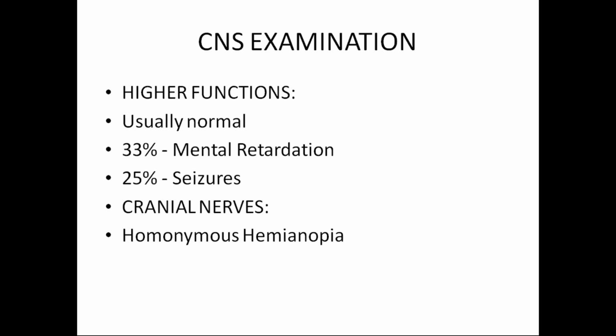And now coming to the CNS examination, as per se, the actual CNS involvement, higher functions usually are normal because if the cortex is not involved, as we discussed, most of the time the cortex is not the cause. So maybe it is the corona radiata, or most of the time it's your internal capsule or beyond that. So higher functions are not usually affected. The higher functions are higher, that means your cortex is the reason for your higher functions. Okay, they're usually normal.